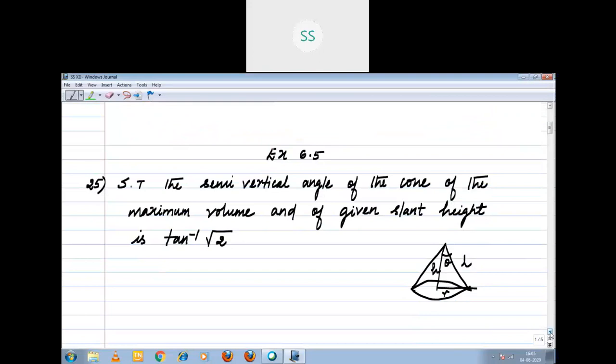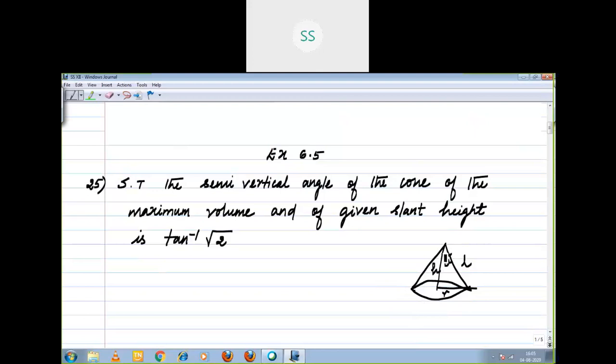Now I am going to enter into the solution part. You have to listen carefully. Cone, so I drew the diagram. From this point to the center is height, this one is slant height, radius, and the vertical angle they mentioned, so I mentioned the angle as theta.